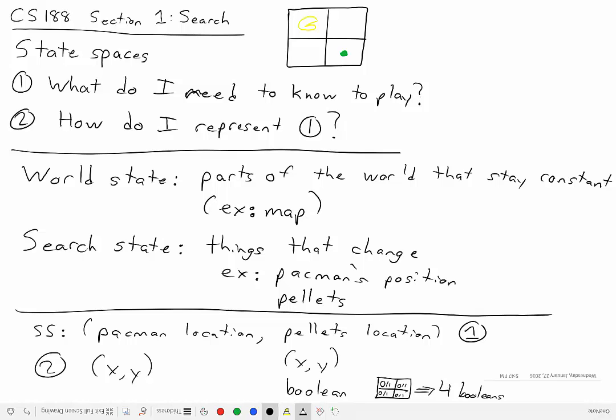So usually in number 1, you need to figure out what you need to know. But in number 2, you can have some leeway in how you represent them. Let me give you an example of when you might prefer either the coordinates or the Boolean when doing pellets. Let's say I have my 2x2 grid, and I only have one pellet.